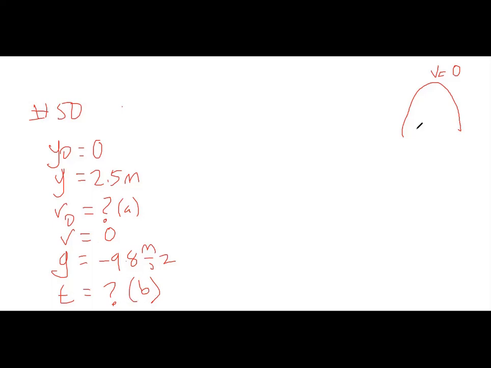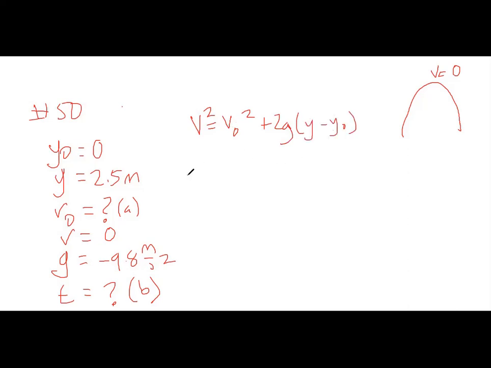Our goal is to find v naught. So the only equation we have that doesn't have t in it is v squared equals v naught squared plus 2g(y minus y naught).